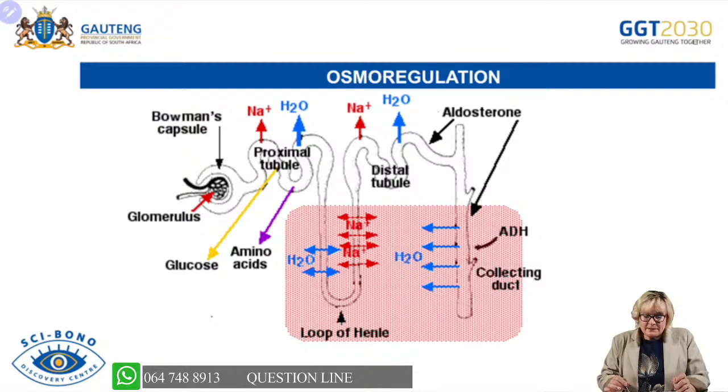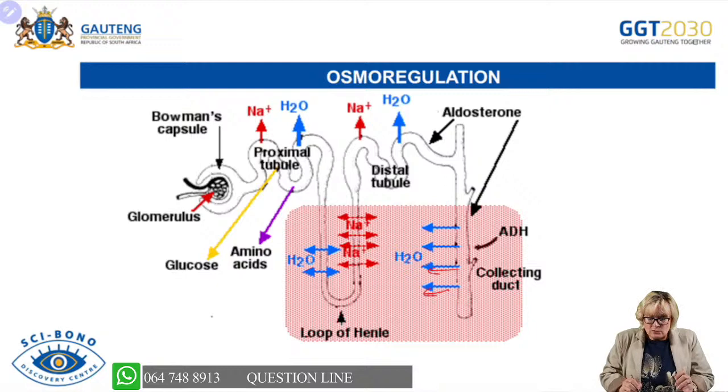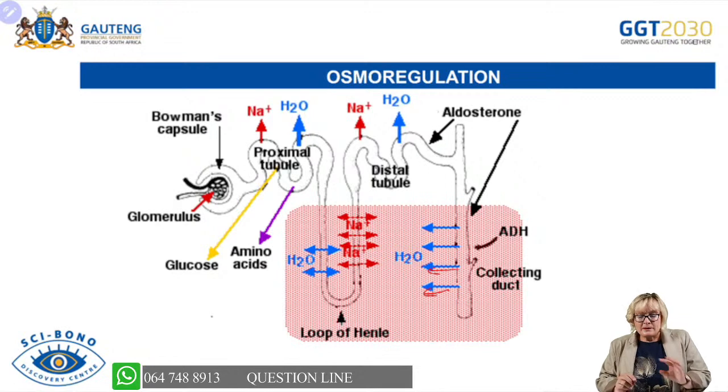Here the ADH will stimulate the permeability of the collecting duct, and if the collecting duct is more permeable, then can you see water is being reabsorbed, so the water goes out again, as well as in your distal tubule, and a little bit in your proximal tubule. And also here in the loop of Henle, on this side, you will see a little bit of water is also reabsorbed. So it's important for you to know that osmoregulation is because of ADH.